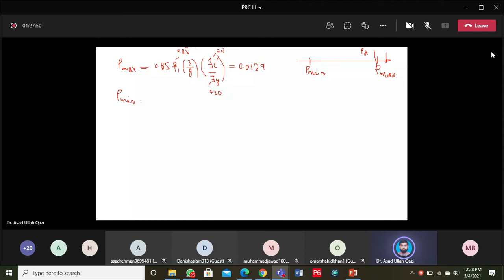Under root fc prime over 4 fy, and 1.4 over fy. So from the first, now fy is 420.